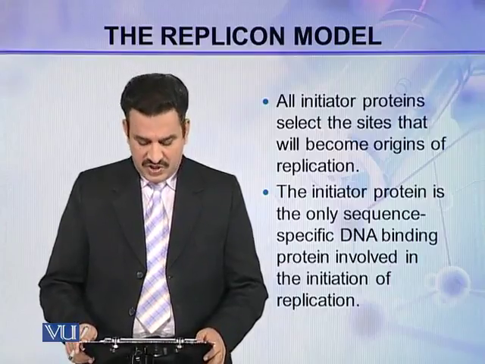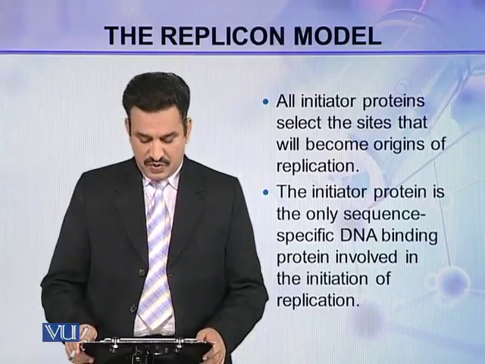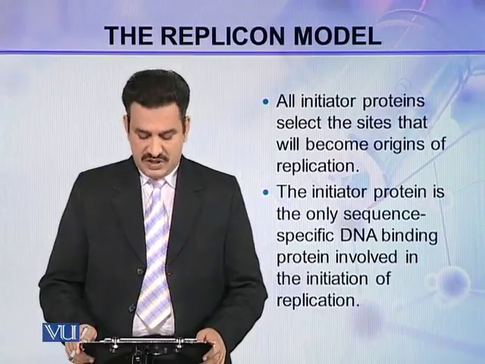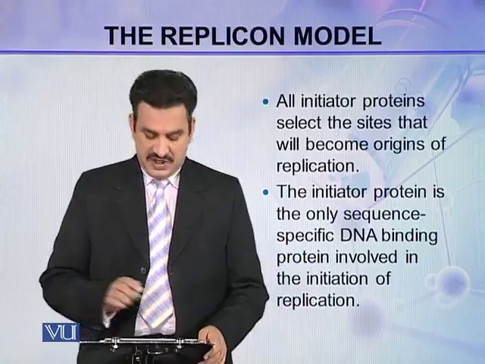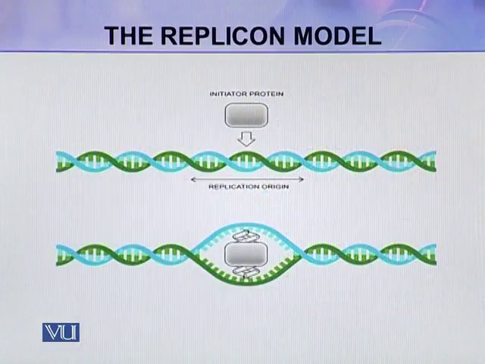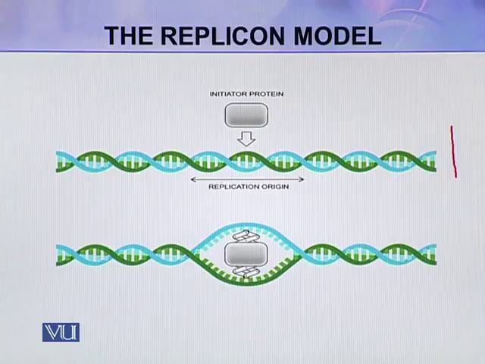The initiator protein is the only sequence-specific DNA binding protein involved in the initiation of replication. So here in this figure you can see a DNA molecule, and in this molecule there may be some sequence which is the replicator. This initiator protein will identify a site.